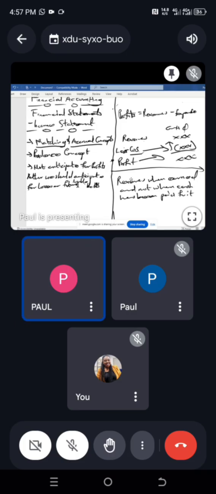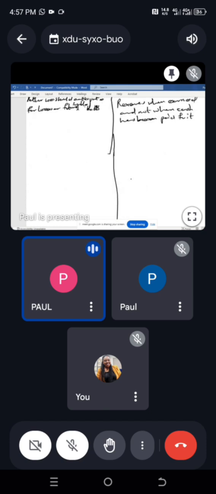And it goes further to say recognize expenses when they are incurred, and not when cash has been paid for it. So this is the accrual concept.